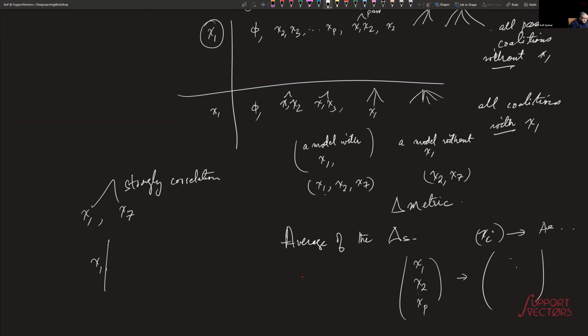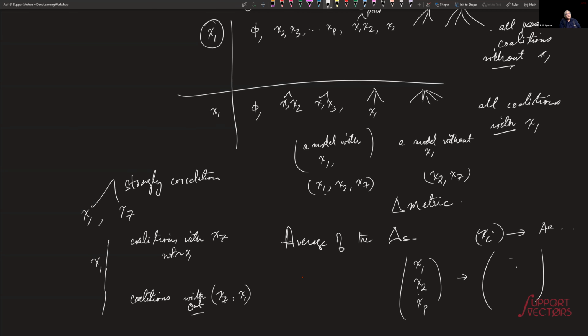You are comparing coalitions with X7 and not X1, and then another set of coalitions without X7 also, without X7 and X1, both of them excluded.